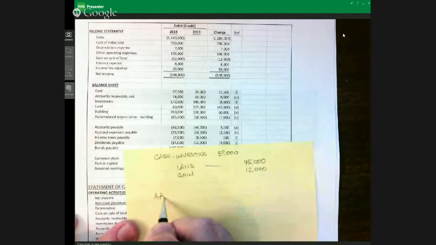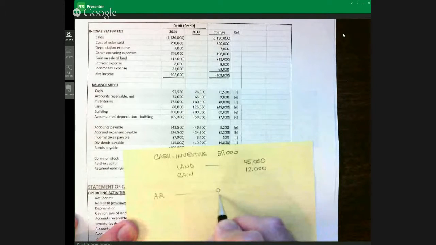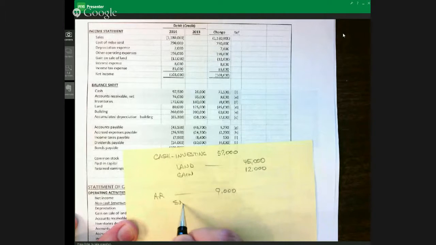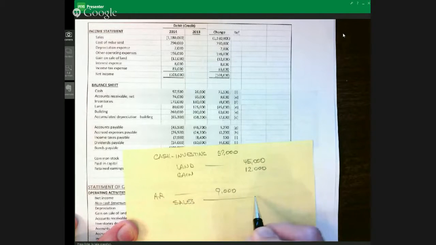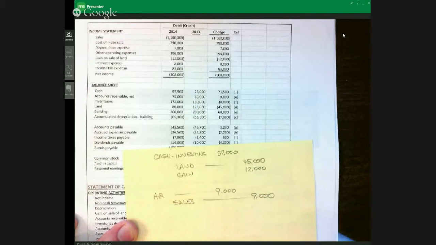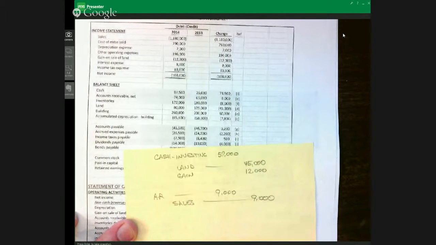Well, here's an example. Accounts receivable went up $9,000. And why did accounts receivable go up? Well, it must have been because sales had gone up. This company sold items on account.